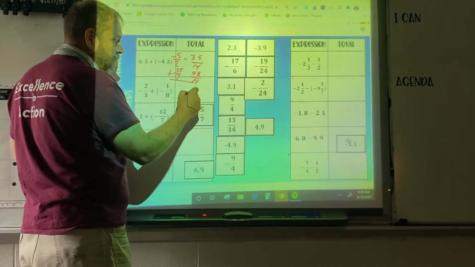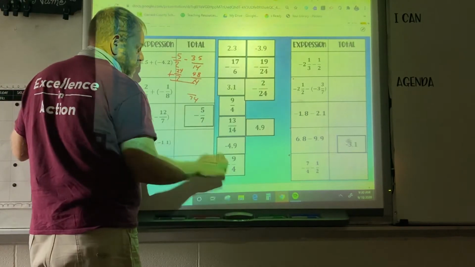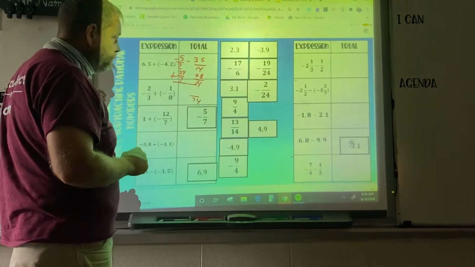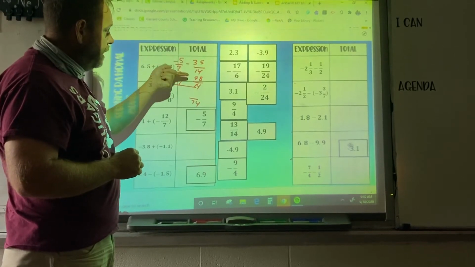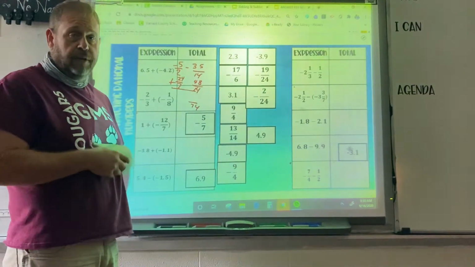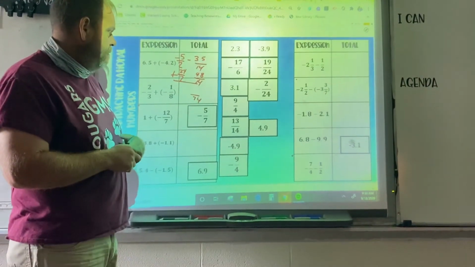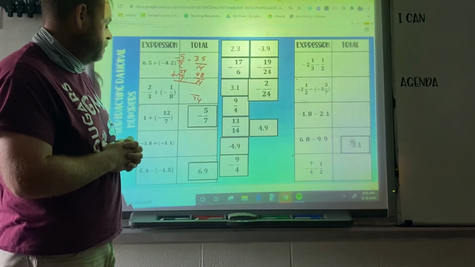I know my base is going to stay 14, and that's supposed to be 14, but I'm kind of in that dead spot of the board. If I owe you 35 and I have 48, I have enough to pay you, and I'm going to have $13 left over.